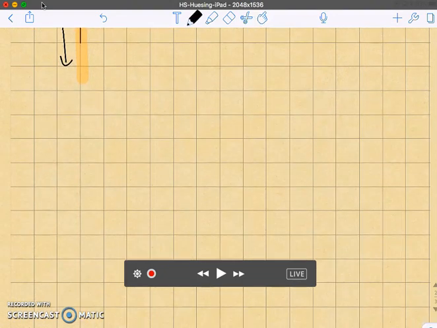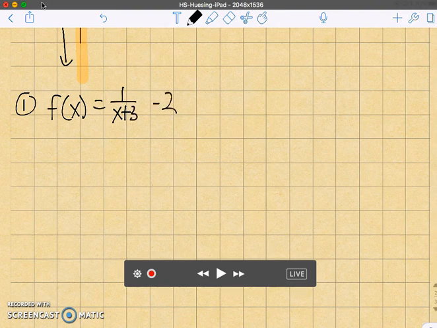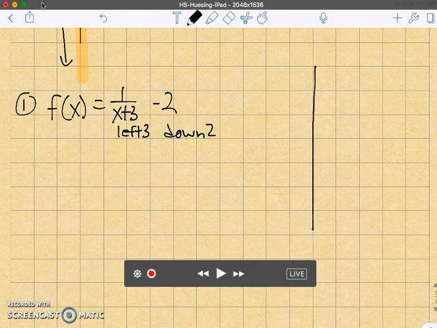So what we're going to do now is shift this around. Let's say we were to graph f of x equals 1 over x plus 3, minus 2. Well, just with translations, this moves it to the left 3 and down 2.